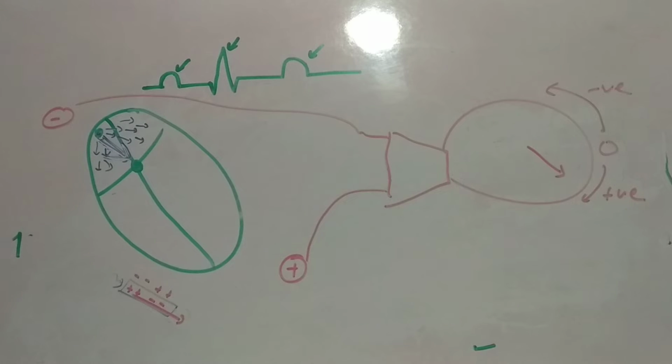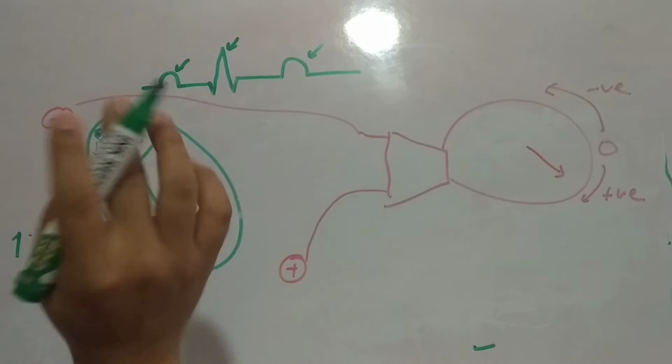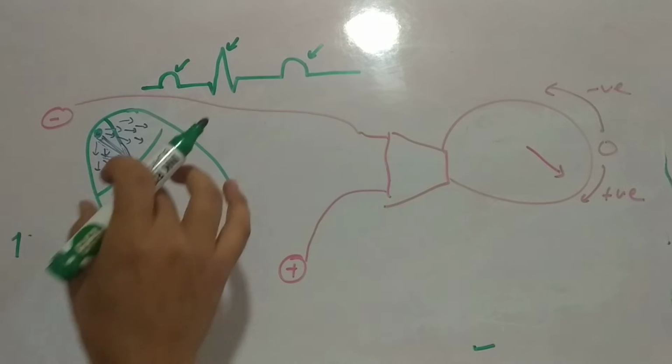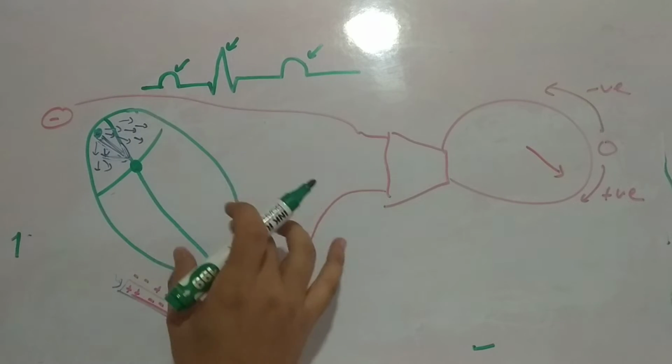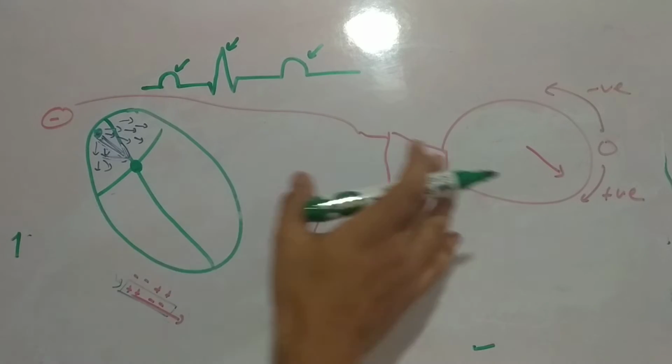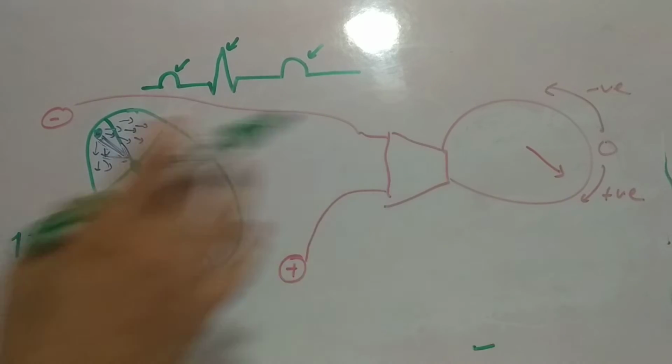Now when the electric impulse comes to this AV node, as we have already discussed in previous videos, conduction is delayed in the AV node, and it is such a small magnitude change that the ECG or the galvanometer does not pick up the changes.